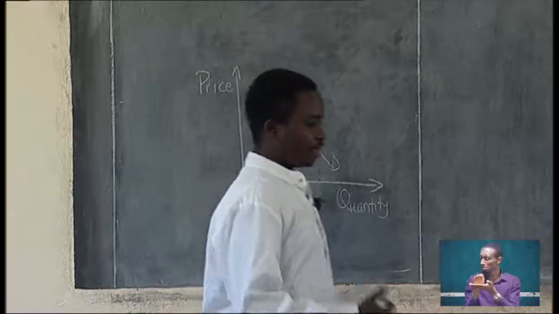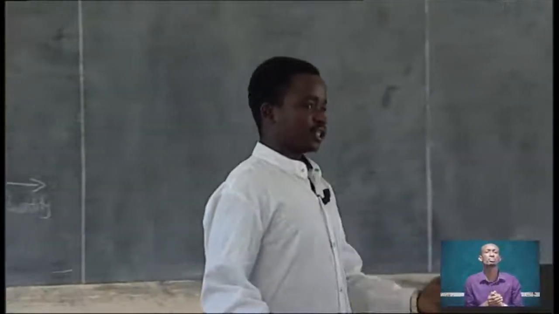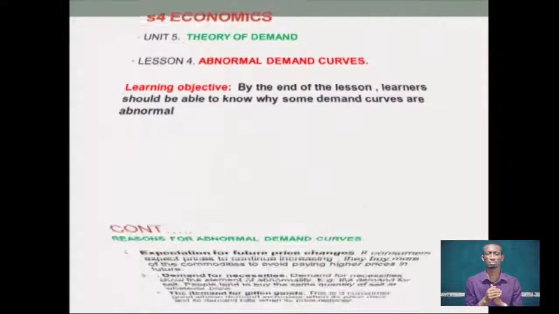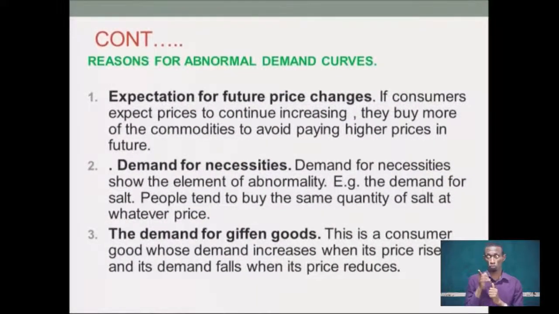Now, this is not always the case in some instances. We are going to see why some curves behave abnormally, abnormal demand curves or regressive demand curves. We have reasons for abnormal demand curves.